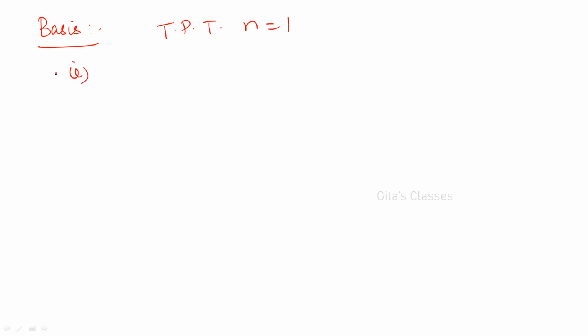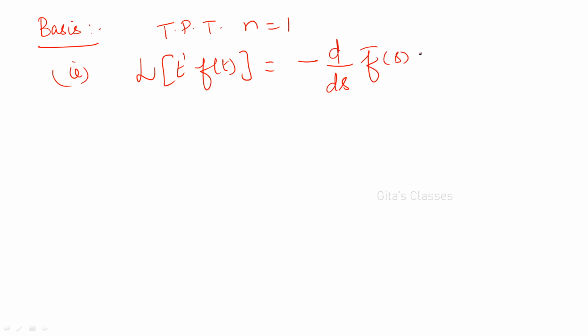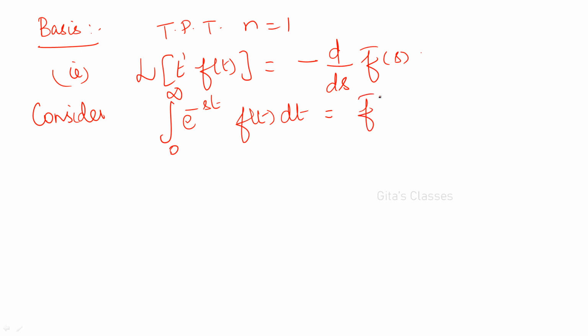That is to prove that L of t power 1 into f of t is equal to minus 1 power 1, so minus d by ds of f bar of s. Okay. So what do we know by definition? L of f of t is integral 0 to infinity e power minus st into f of t dt is equal to f bar of s.